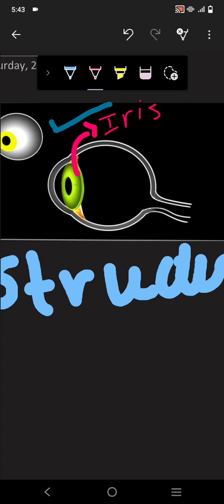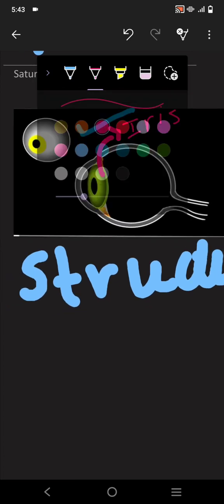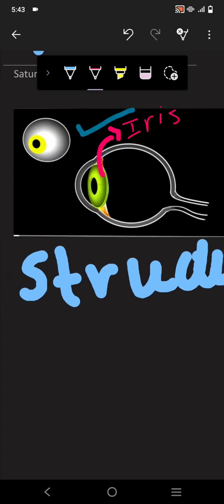You can see this ball. Here, this part is known as iris. Now, what the iris gives is the color. For example, the light rays are coming from here, green light rays are coming.